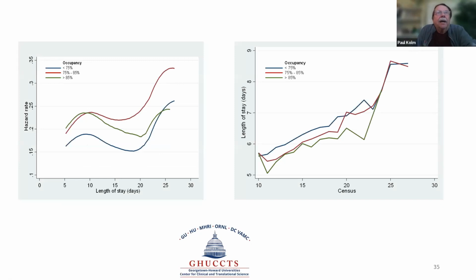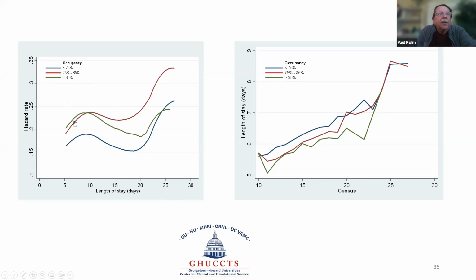But anyway, looking at a couple of examples here of the nonlinearity, we've plotted in this case the hazard rate. In other words, that's over time the length of stay in the hospital being the outcome here. And then different levels of occupancy.